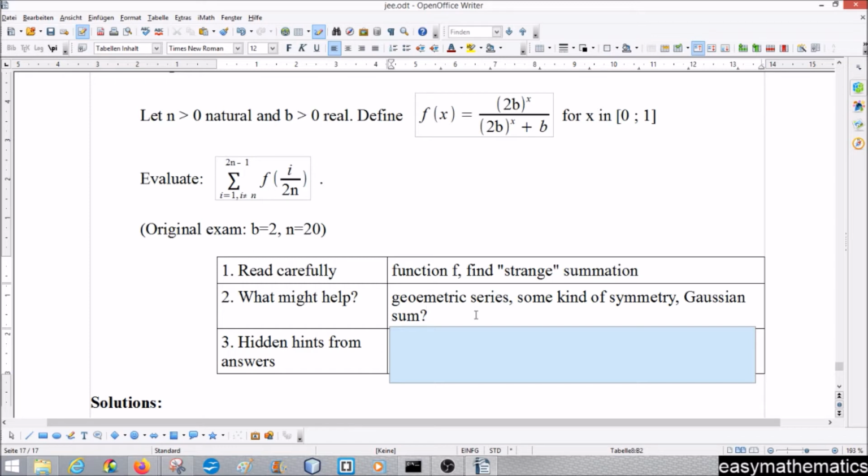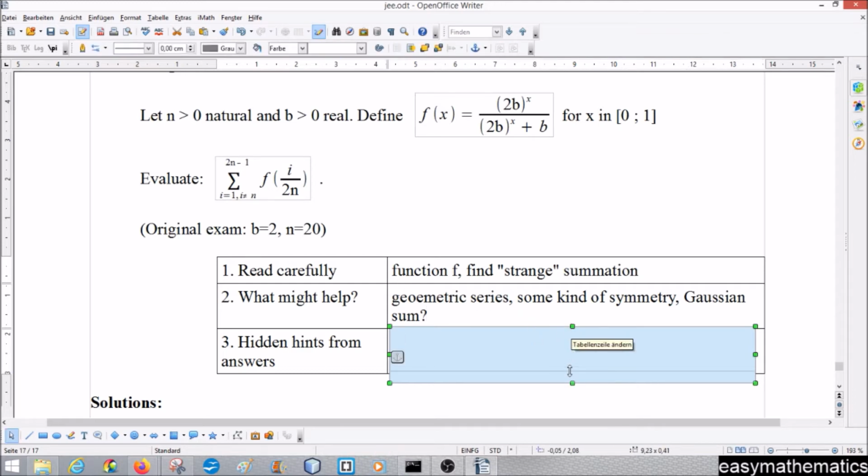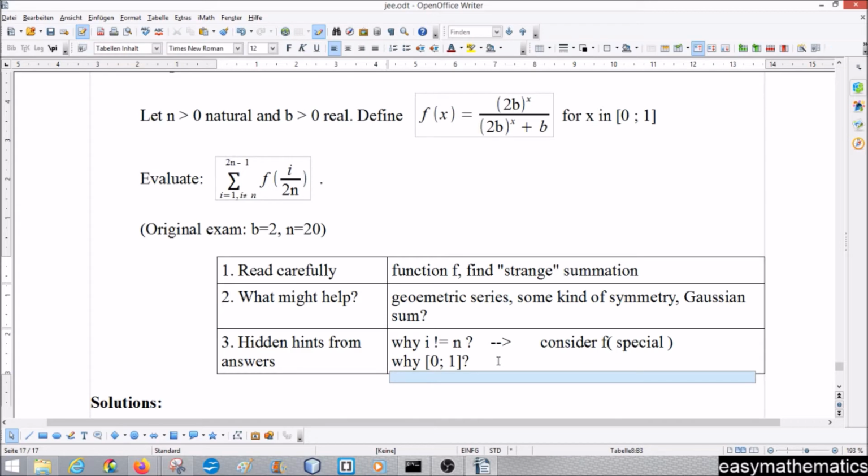What I mean by that is the first plus the last and stuff like that. Maybe this can help us. And do we get hidden hints from the answer or from the task? Yes, in some sense we do. Why is i not n? And why is there the closed interval 0 to 1?